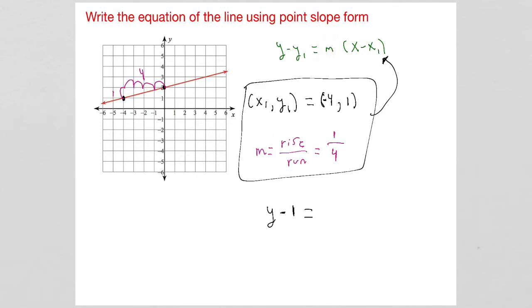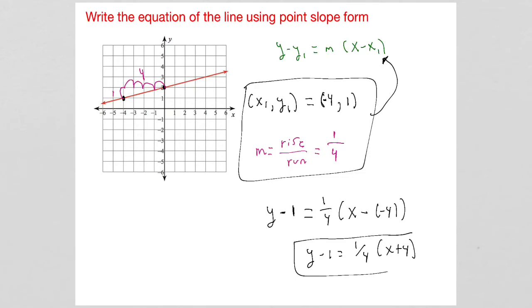And m, we found that to be 1 over 4. Times x minus x1. So here x1 is -4. So we get x minus -4, and if we clean this up, we get y minus 1 equals 1/4 x plus 4. And this is the equation of the graph in point slope form.